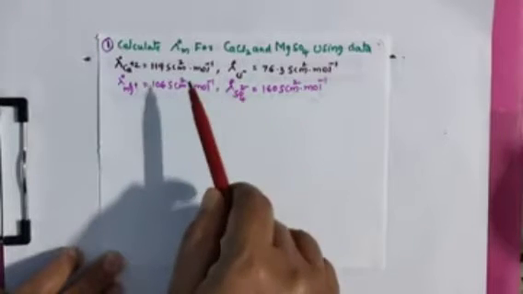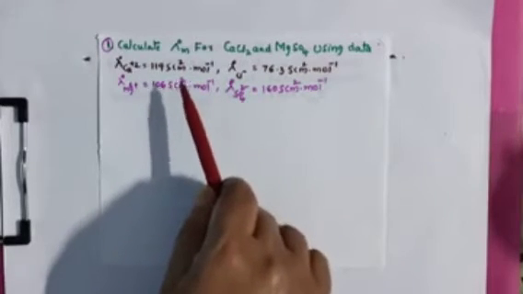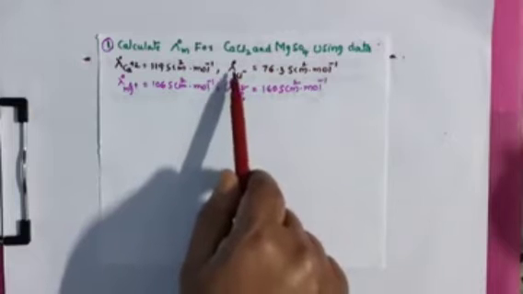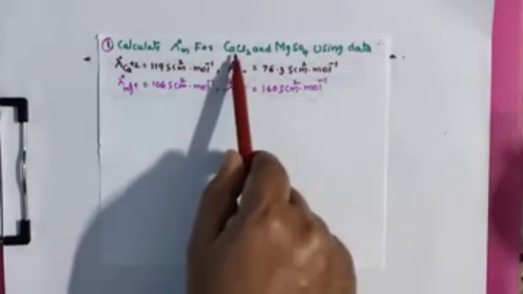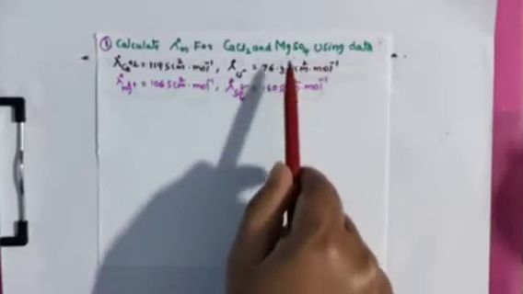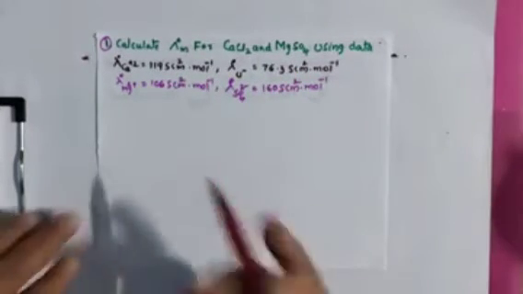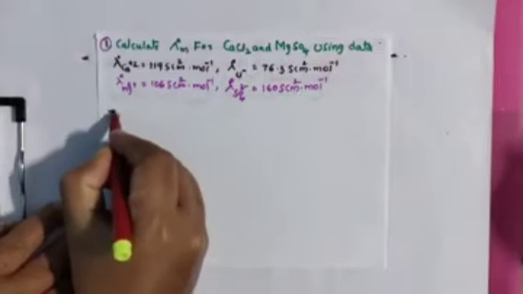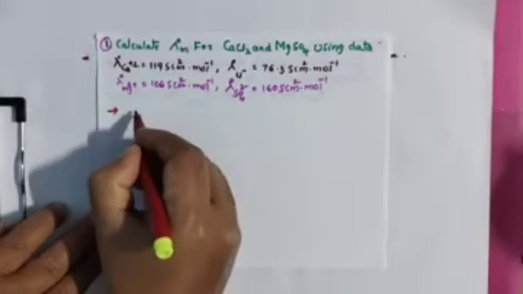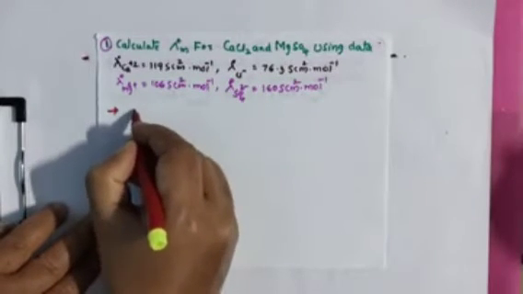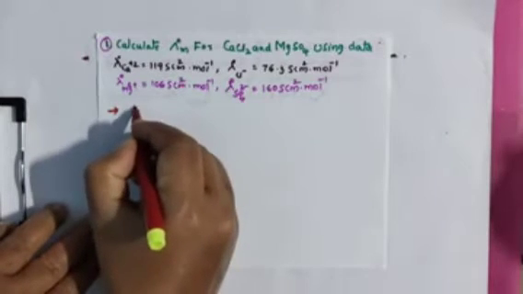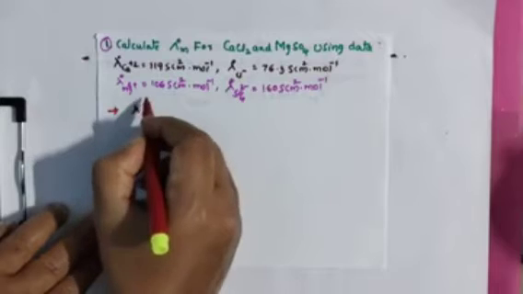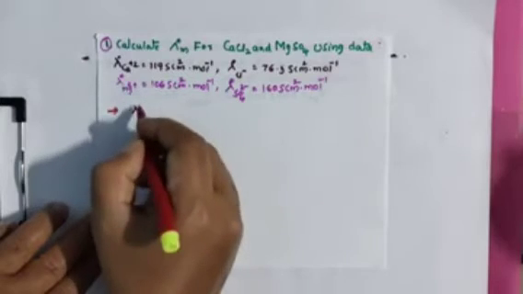So the molar conductance at infinite dilution of all the ions is given, and they are asking for calcium chloride and magnesium sulfate. Let me discuss this. First we have to write the given data. The Λ⁰ values are given clearly.